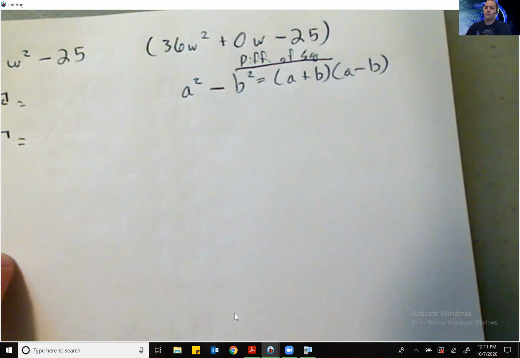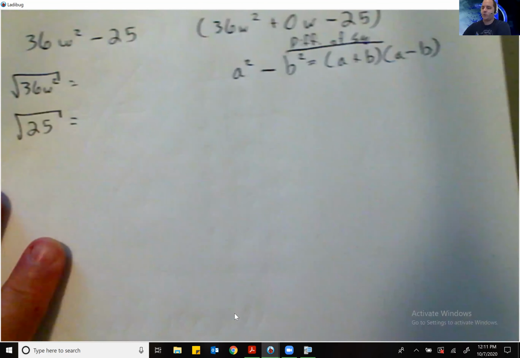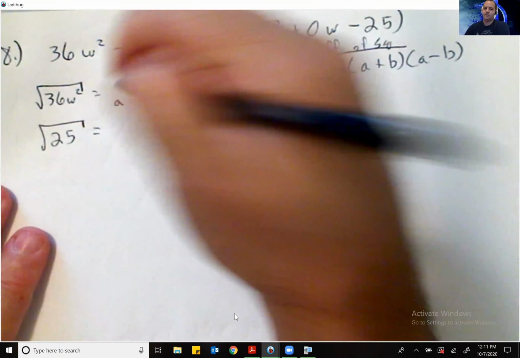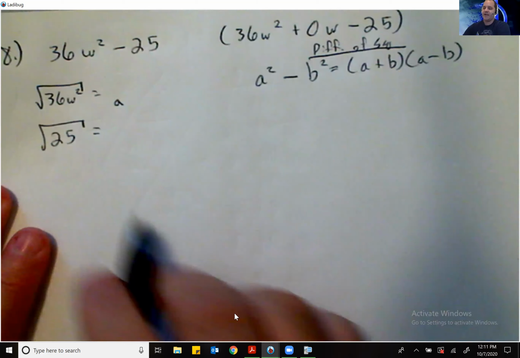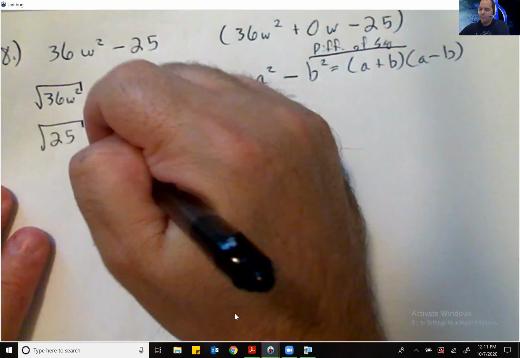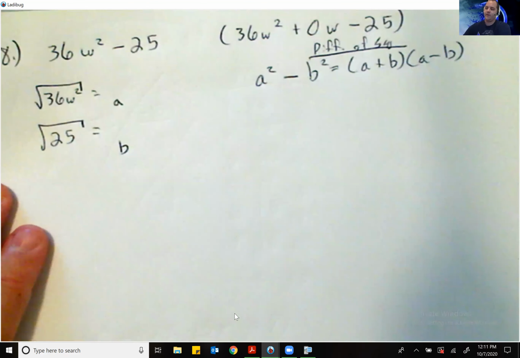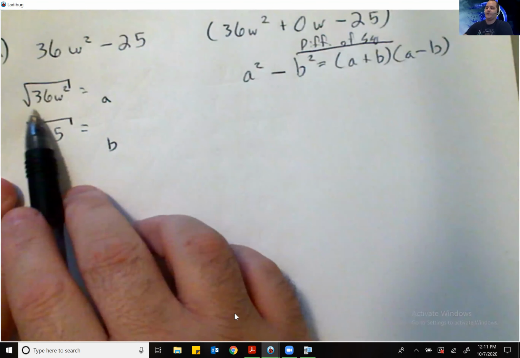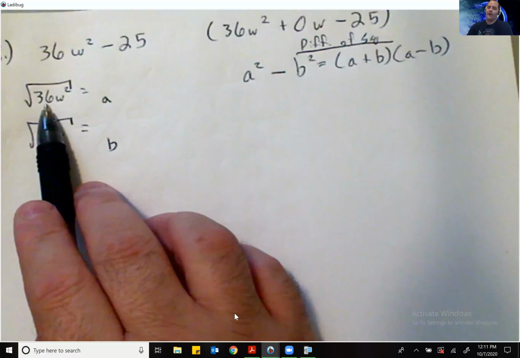So when you take the square root of the first term, this is going to tell you what A is. When you take the square root of the second term, that's going to tell you what B is. And then you just fill in your formula. So what is the square root of 36w squared?